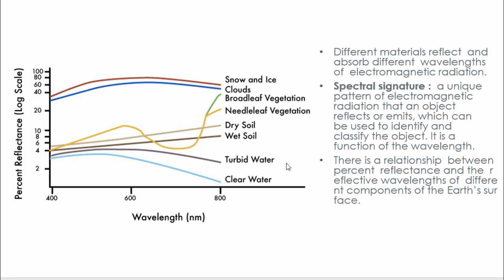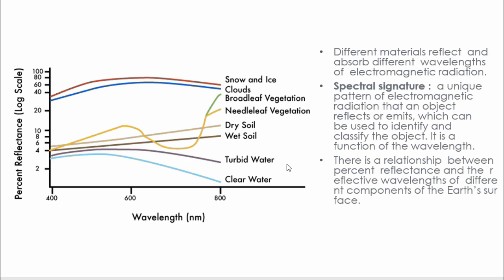Each material reflects and absorbs different wavelengths in the electromagnetic spectrum. So there's a spectral signature, which means that there's a unique pattern of electromagnetic radiation that a specific object can emit or reflect.